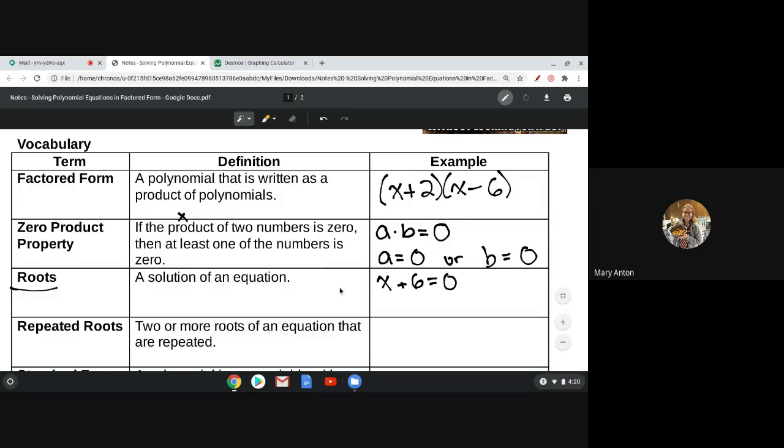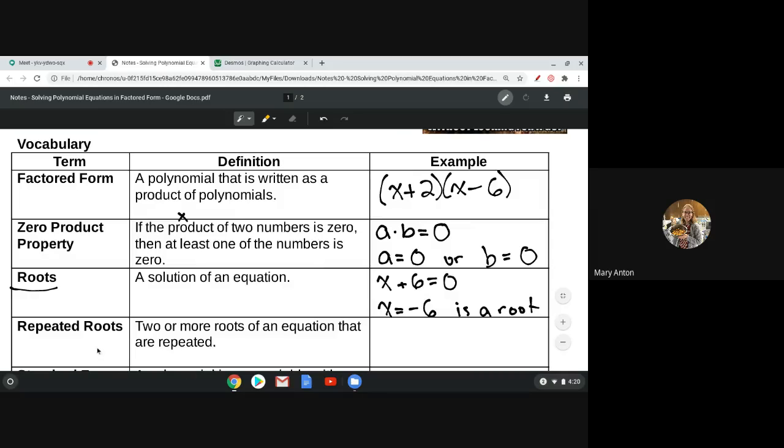You might say, well, if x is negative 6, then that would be negative 6 plus 6 equals 0, which is true. So we say that x equals negative 6 is a solution. And we also say that x equals negative 6 is a root. It's just a new vocab word for us.